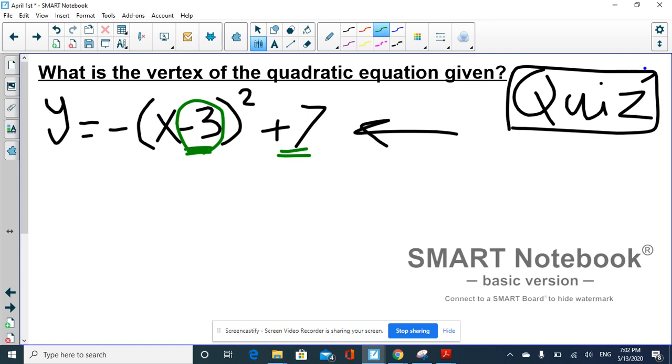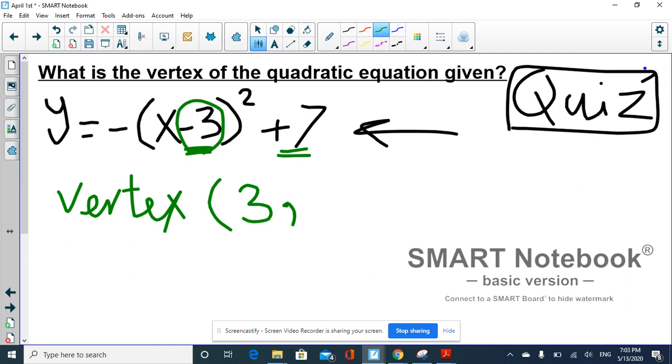Okay, that means this is negative 3, so the x coordinate of the vertex is 3. Take the inverse of this one. And the outside number here is 7. This is the y coordinate. So the vertex is 3 comma 7.